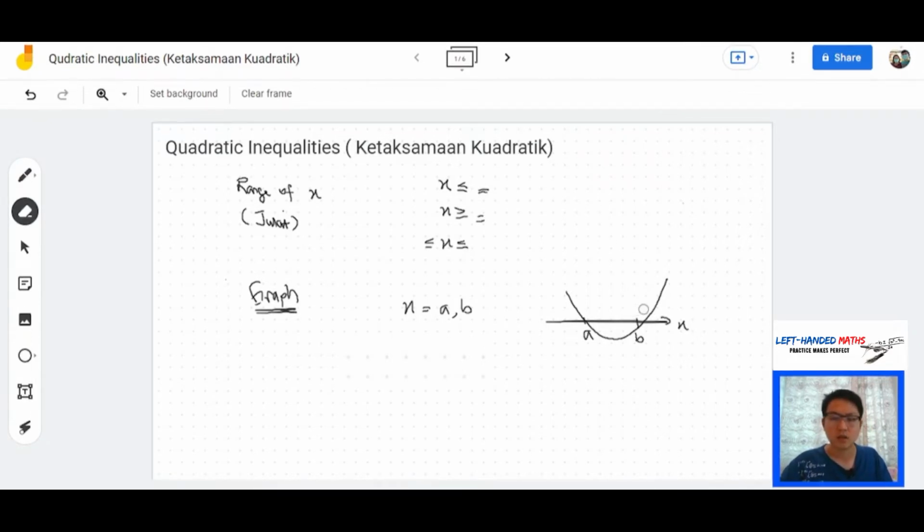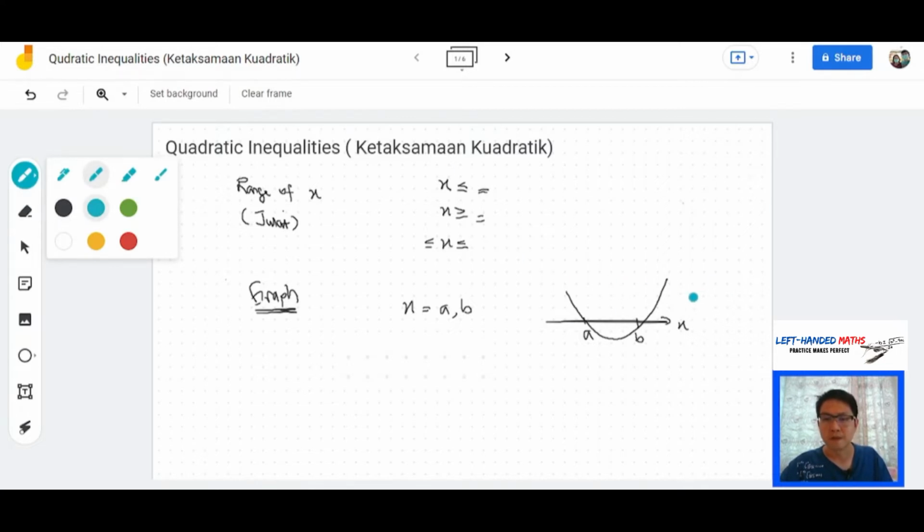So when we want to write our answer for these inequalities, you have to understand this first. Any value above the x-axis is positive. Any range below the x-axis is negative.